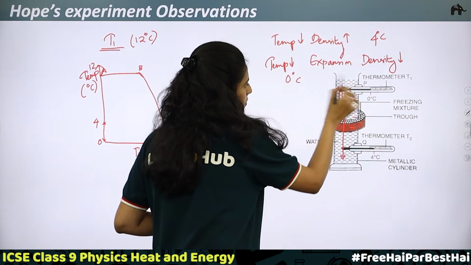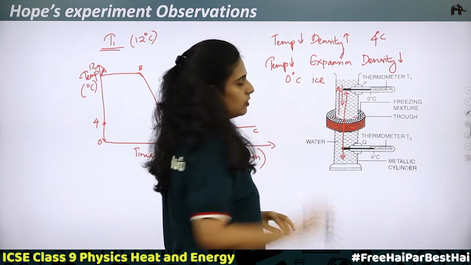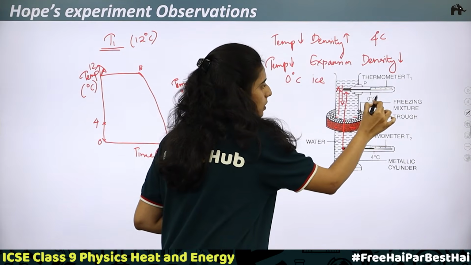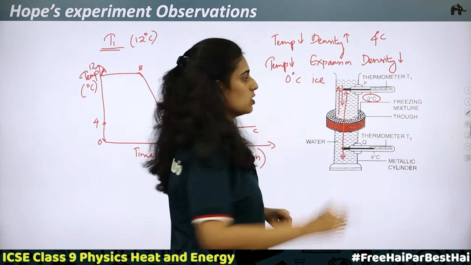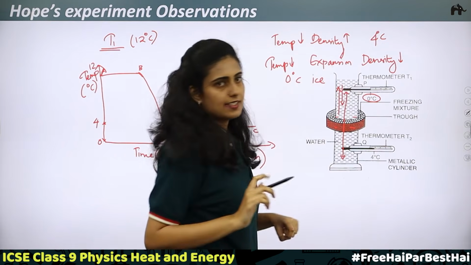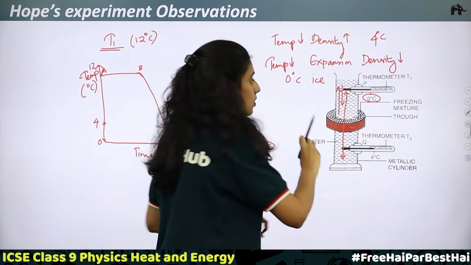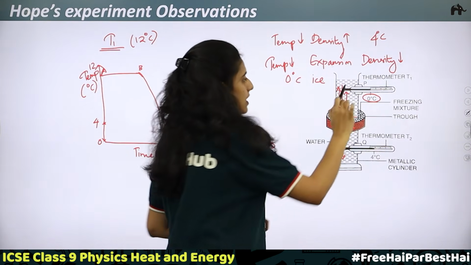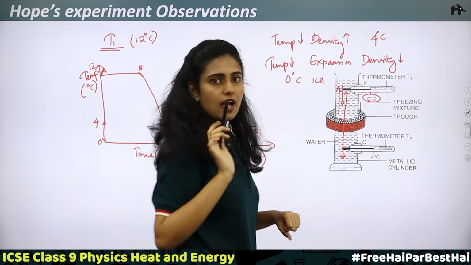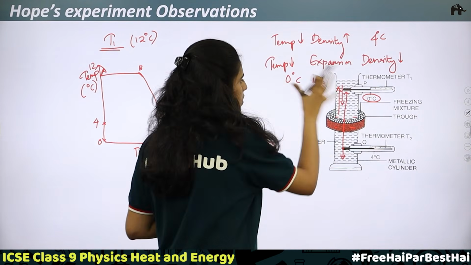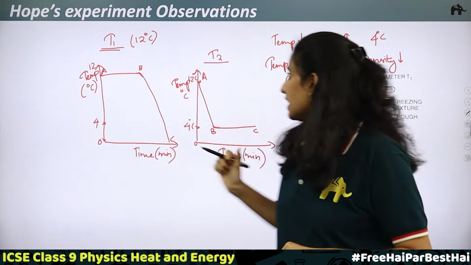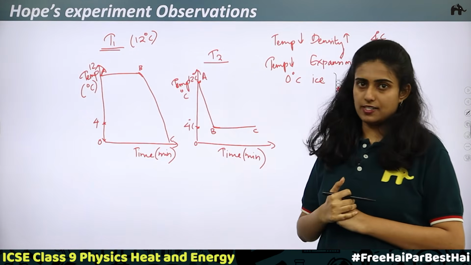Now this water will start forming ice. When you note the temperature, it will be 0 degrees Celsius. Below 0 degrees Celsius, it cannot go. It will reach 0 degrees Celsius and start forming ice. Clear? So this is what's happening inside a Hobbs apparatus.